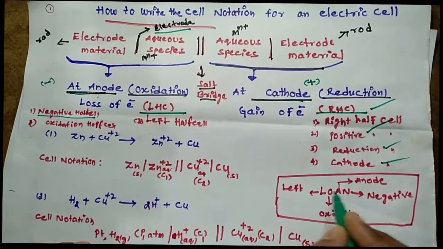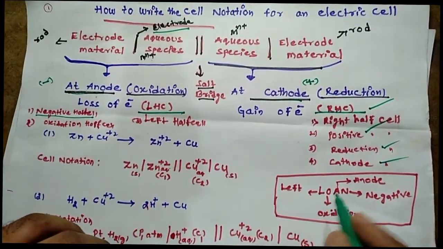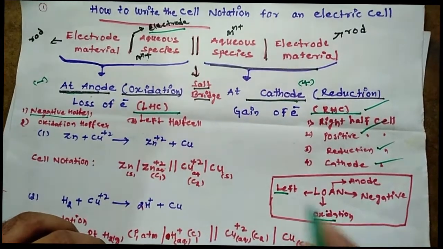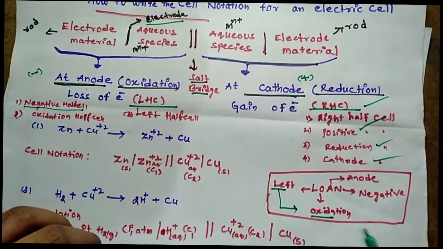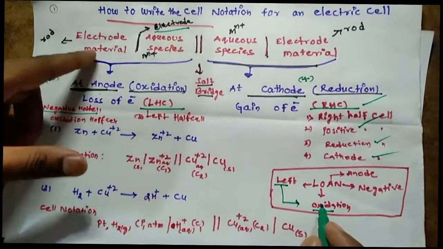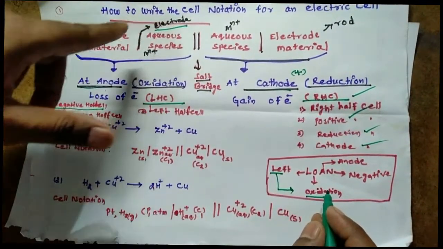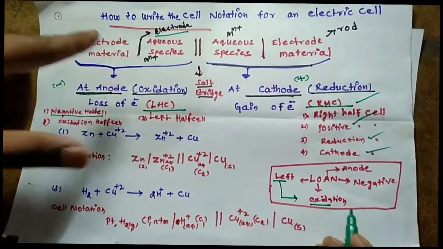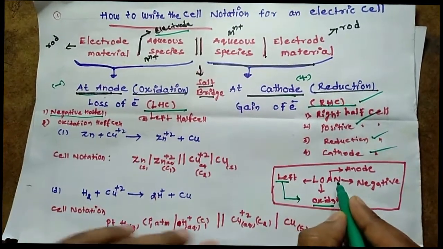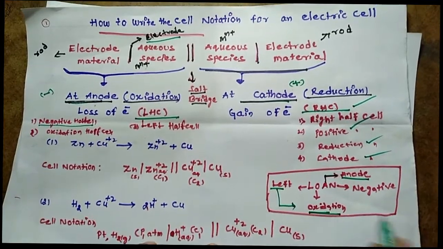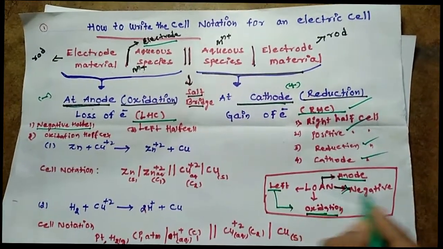Now I give one simple trick, LORA. In that, L means left, O means oxidation, so on the left hand side of the electrochemical cell oxidation is possible. A is the anode, so oxidation occurs at the anode, and the anode is the negative charge.